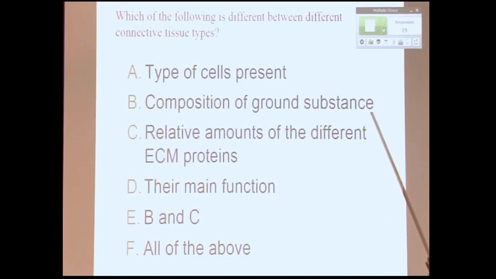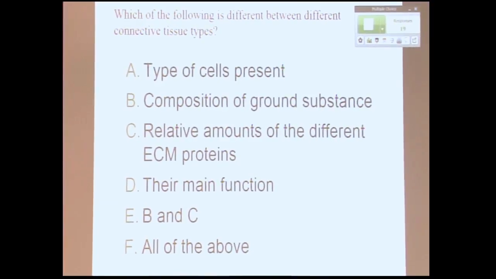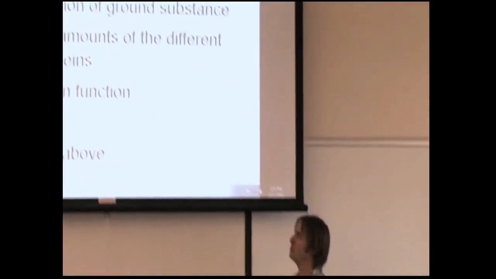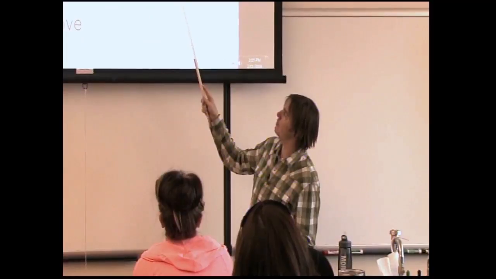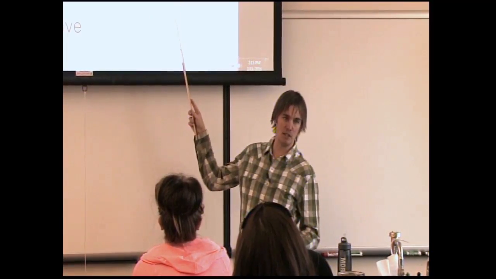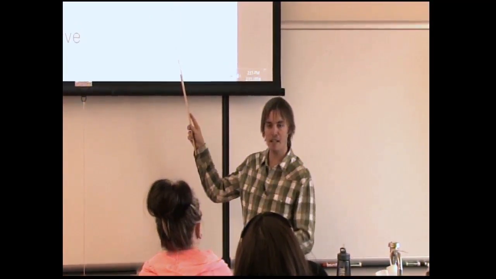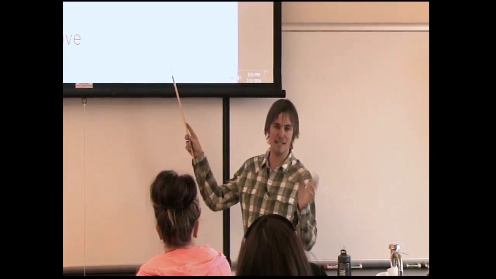The ground substance, that can be different. Could have more water, less water. Technically, bone is mostly ground substance. So is cartilage. Right, but it's like hard mineral calcium salt. Relative amounts of different ECM, that's true. A little collagen, a lot of collagen, a lot of elastin, not very much.